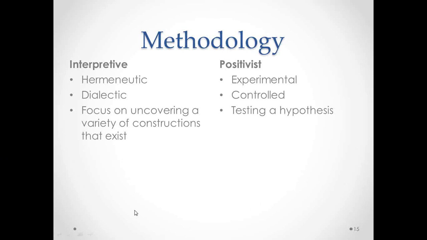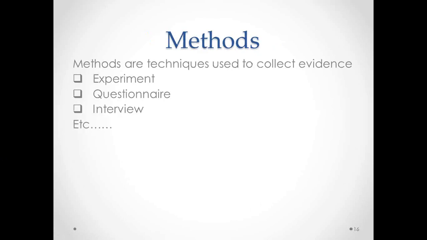So I've talked about my ontology, I've talked about my epistemology, I've talked about my methodology, and then my method is going to be influenced by what evidence I need to collect about that different research question. So if, going back to my example, if my research question is about finding out about how many have undertaken the library induction, I can collect that through an audit, through some sort of audit questionnaire.